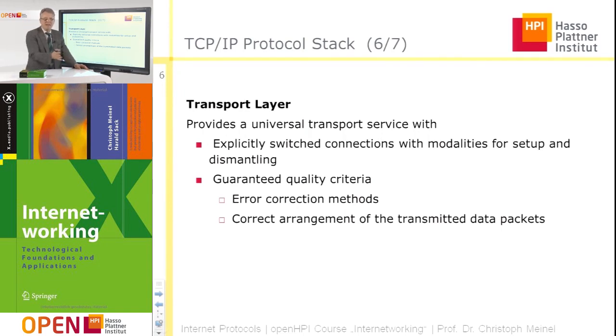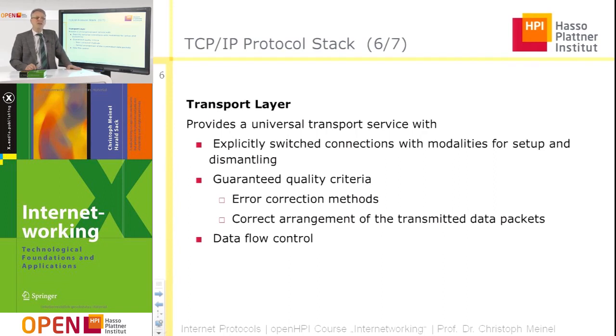The reason is that the data packets can go through the networks along different paths, and so it could be that a later packet arrives earlier. But this makes it difficult to reassemble the packets. So on the transport layer, mechanisms are provided that guarantee that the packets arrive in the correct order.